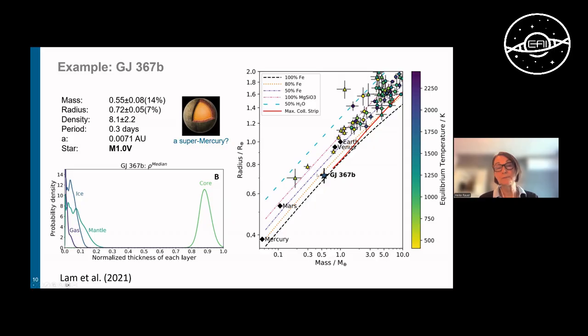And this simplifies things, because with such a planet, one can assume that the atmospheric gaseous layer is probably small. And then you can say, okay, probably it's a terrestrial-like planet. And here you see the result of such a retrieval algorithm, which says that about 90% of this planet is actually core. That reminds us, of course, of Mercury in our own solar system. So this kind of planet seems to be a kind of super Mercury, a planet with a large core.